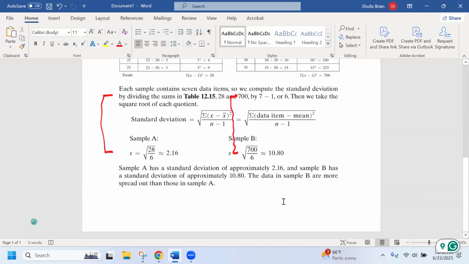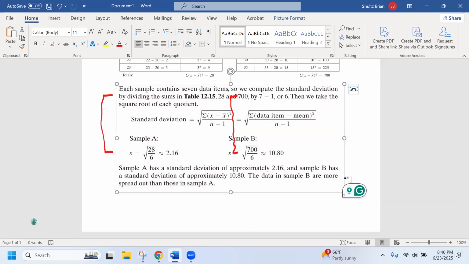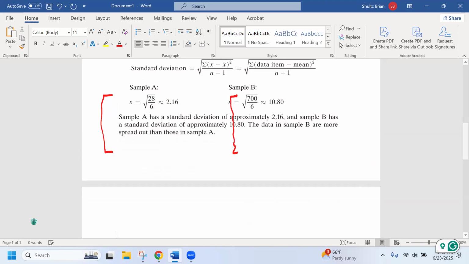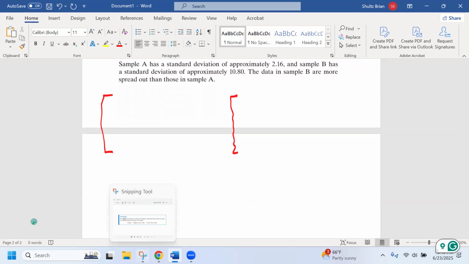Okay, please know that I am going to go down to the next page. I'm going to clear the red stuff off.